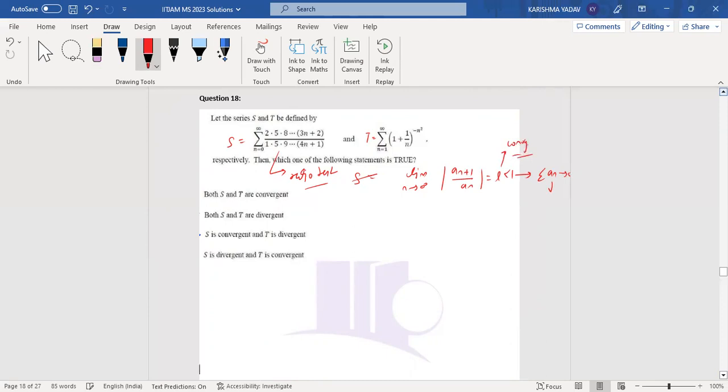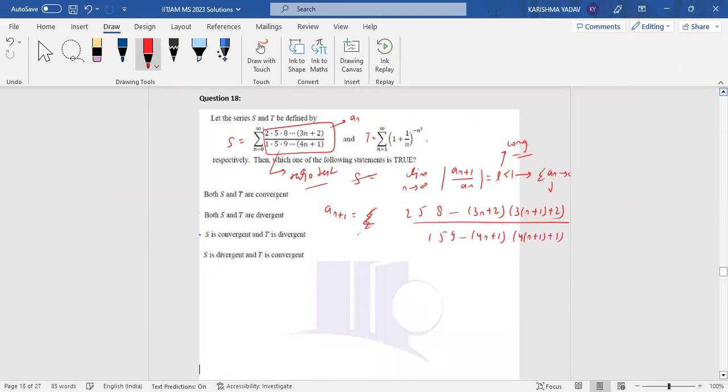This is my a(n). Then what will be my a(n+1)? It would be 2, 5, 8, up to (3n+2) and (3(n+1)+2), upon 1, 5, 9, up to (4n+1) and (4(n+1)+1).